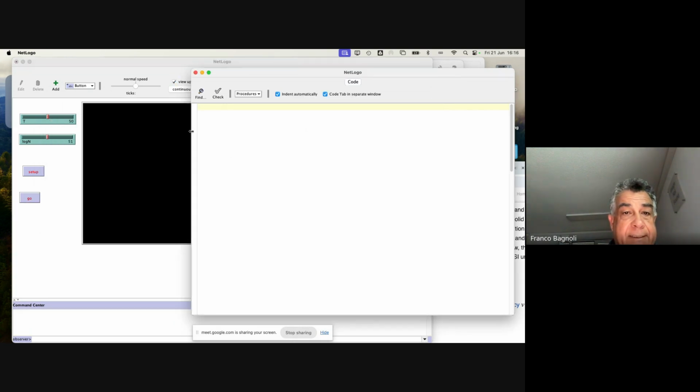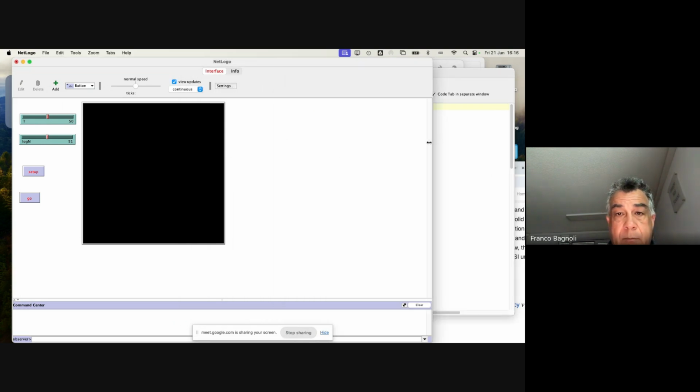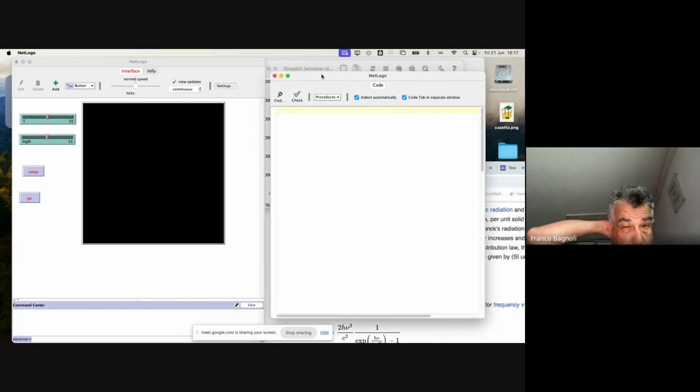The idea is to report P of X, and this is exactly the unnormalized probability. So report X to the third divided by exp of X divided by T minus 1.